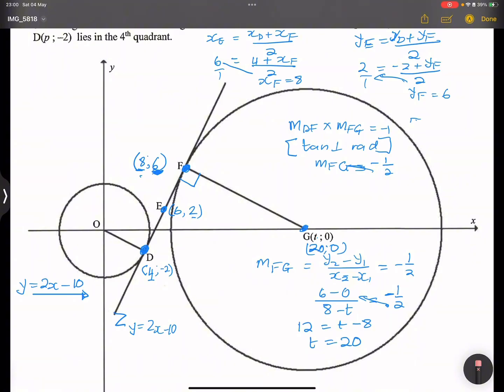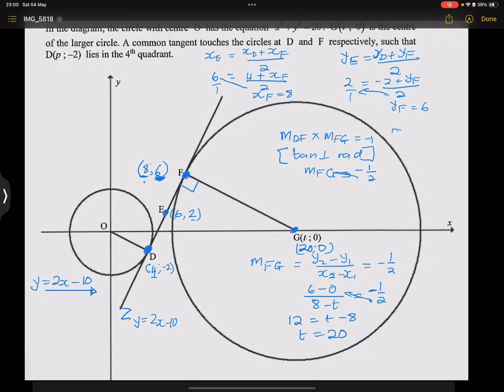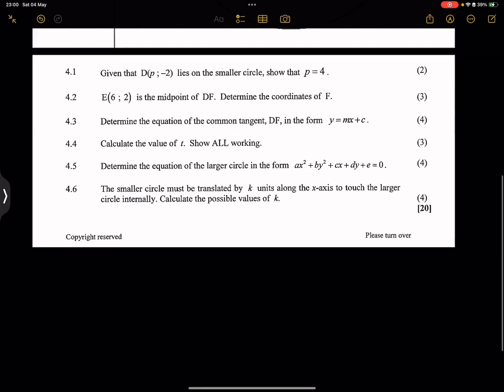So they now say for the next one, determine the equation of the large circle in the form ax squared plus by squared plus cx plus dy plus e. Right, so I know the center, so I'm going to write it over here.